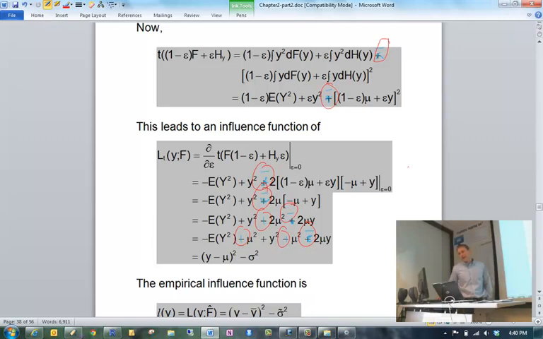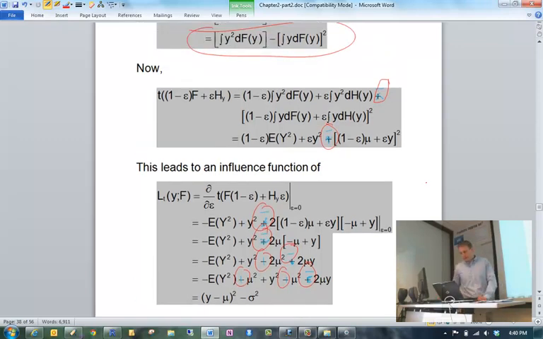Okay. So we've already looked at this part right here, how to write it in terms of this mixture distribution. And we just apply the same concept for the second moment as well.